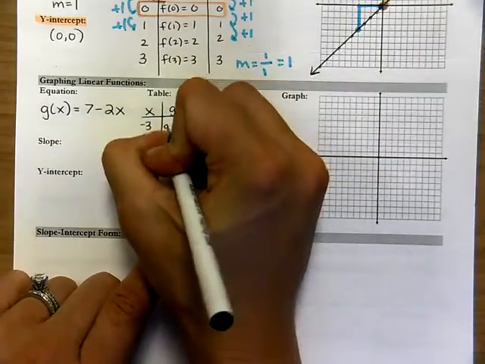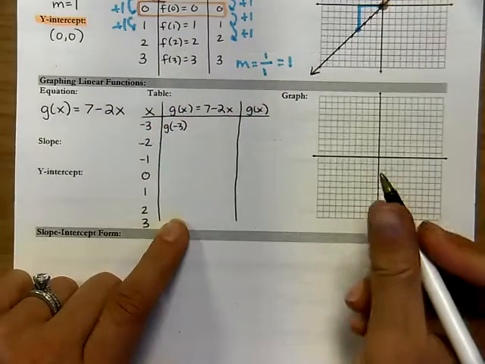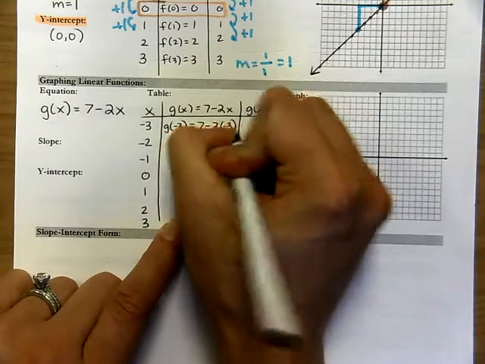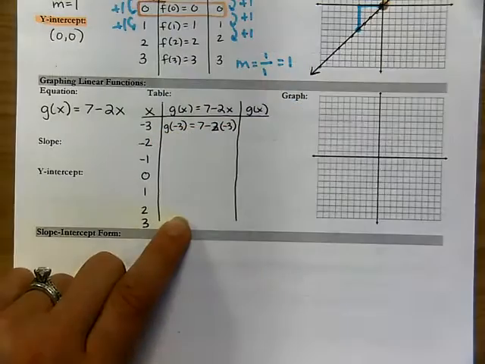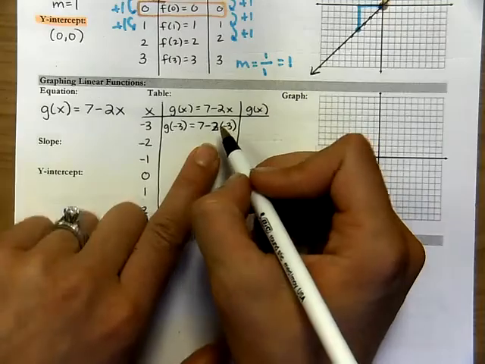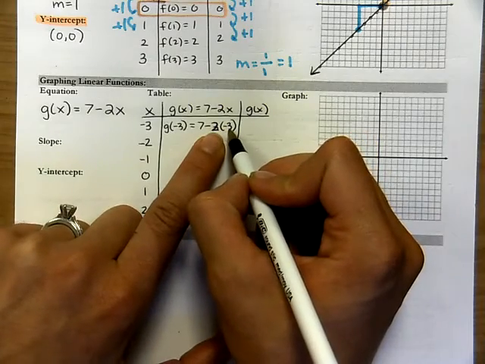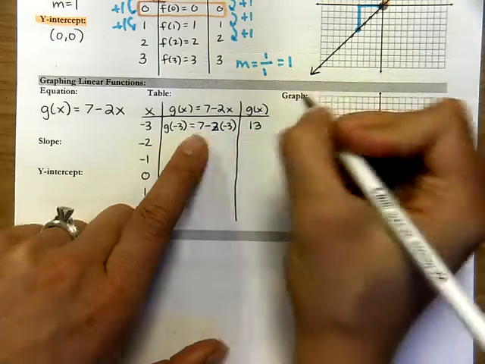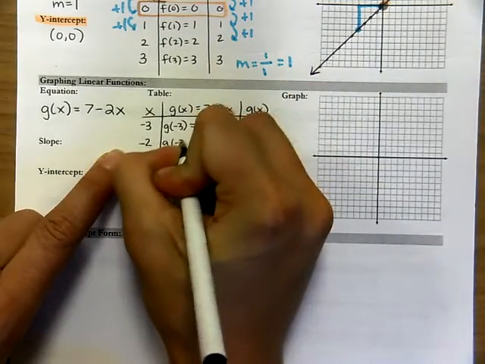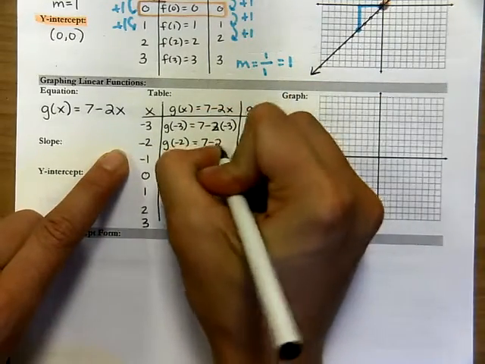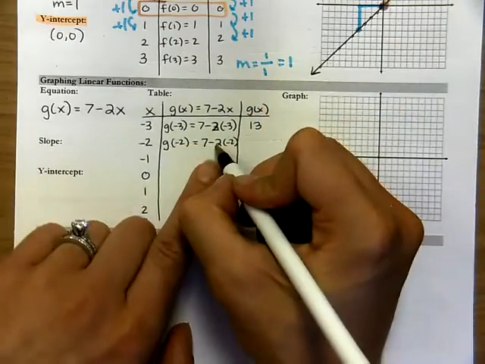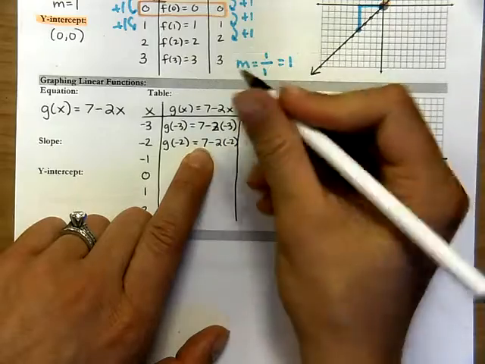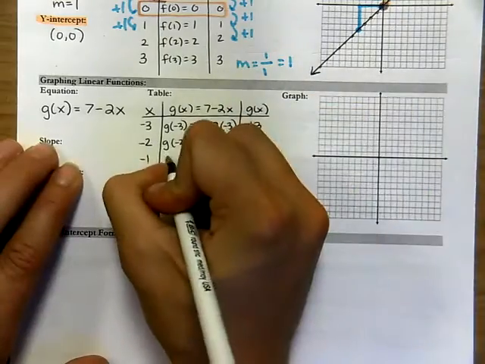Now that you've done this, let's check our work. So g of -3 equals 7 minus 2 times -3. I substituted a negative, that should be minus 2. Now when I simplify this, -2 times -3 is a positive 6. 6 plus 7 is 13. Over here, g of -2 equals 7 minus 2 times -2. -2 times -2 is a positive 4. 4 plus 7 is 11.